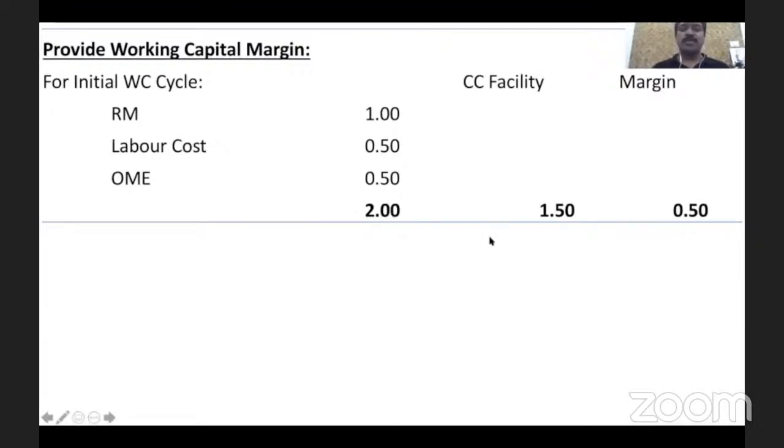Out of 2 crore, the banker is ready to give 75%. It means the condition placed by the banker is, we will give 75%, you please bring 25%. That's this 0.5. It means 25%, 50 lakhs out of 2 crore should come from the owner, and 1.5 crore the bankers are ready to give.